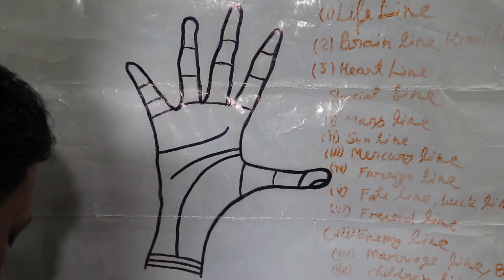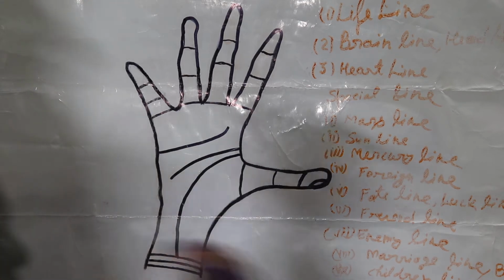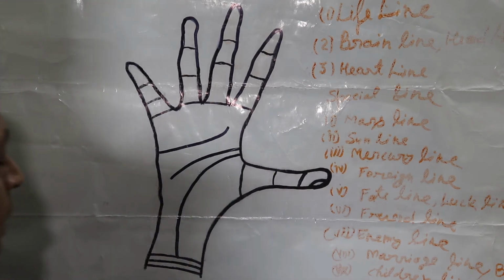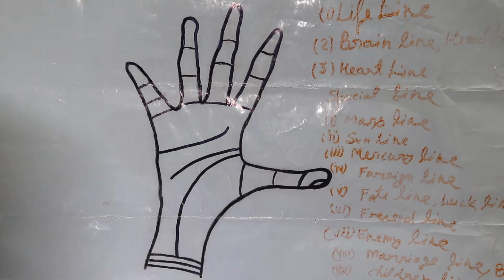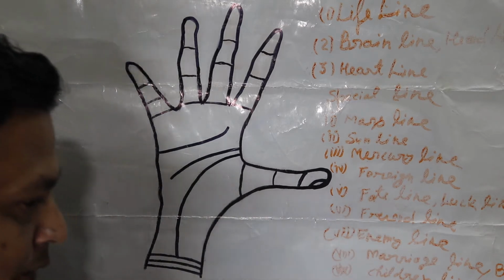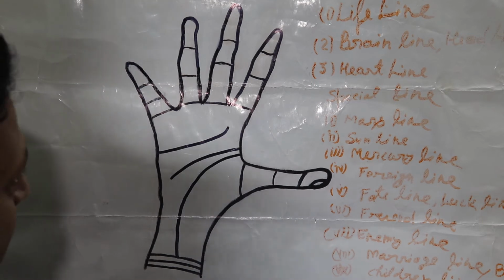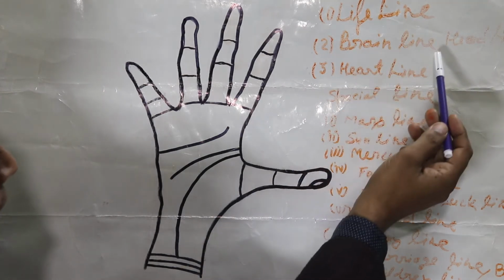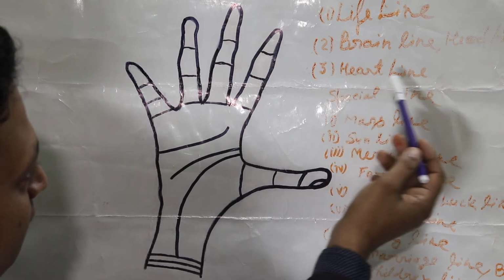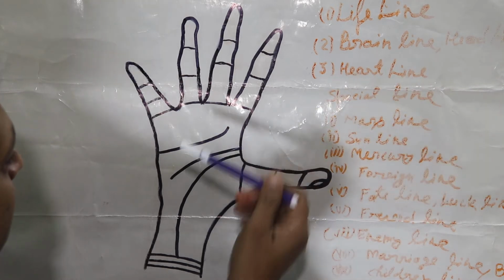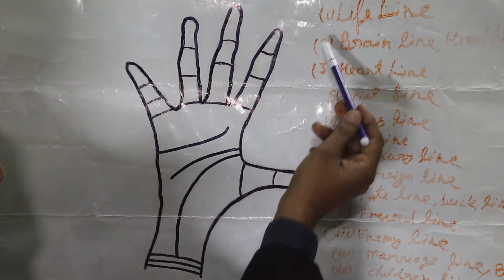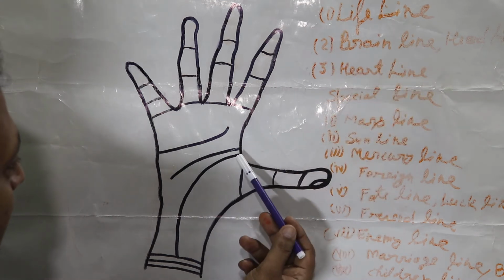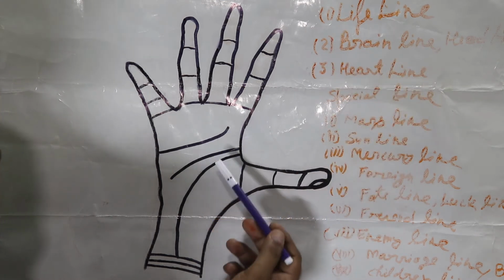I will describe that slowly in our next videos. At this time I am describing the lines. So here we have three main lines: lifeline, brain line or headline, and heart line. I will describe a little about each.